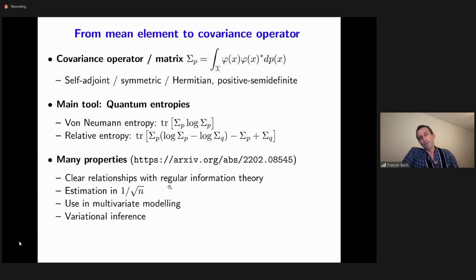But then you preserve the nice things about the maximum mean discrepancy, MMD, by having estimation in 1/n. And I will show how this can be used in multivariate modeling and also in variational inference. So this is the plan for today. And if you want to know more, you can simply look at the online preprint.